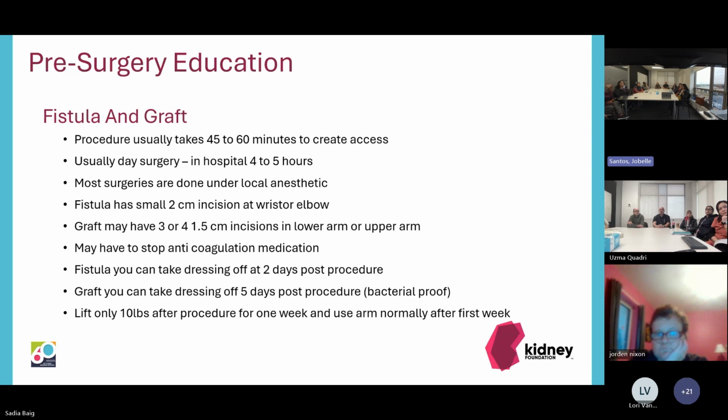Okay. Most surgeries, fistulas are done under local anesthetic. Grafts are almost always done under a regional anesthetic, where they would freeze the entire arm or the area in the leg they were working on, or with a short general anesthetic, depending on the extent of what's being put in. It can be difficult to freeze the arm all the way up into the shoulder very well.